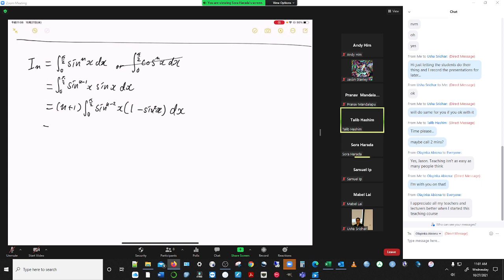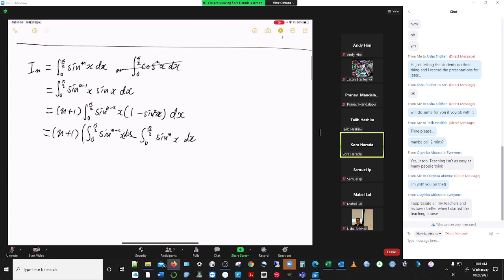You could expand it as the integral from 0 to pi on 2 of sine to the n minus 2 of x dx minus the integral from 0 to pi on 2 of sine to the n of x dx. So what you can see here is actually what we started from, which we defined as I_n.